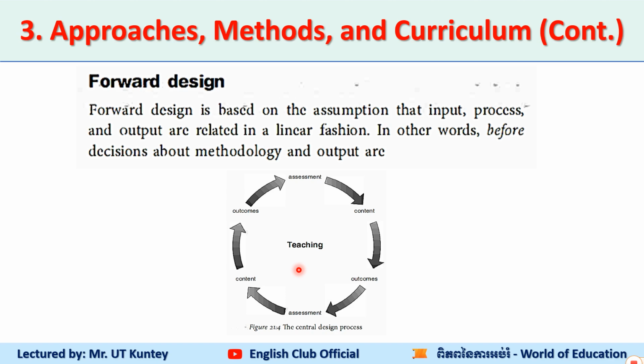Okay, so this depends on these 4 scholars. The first scholar, Tyler and Taba. Tyler 1949 and Taba 1962. They say that there are 7 steps on how the backward process happens.